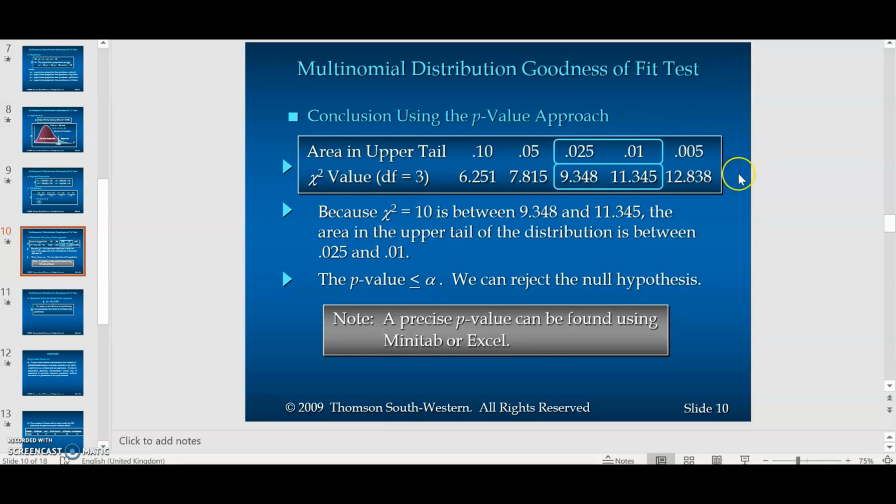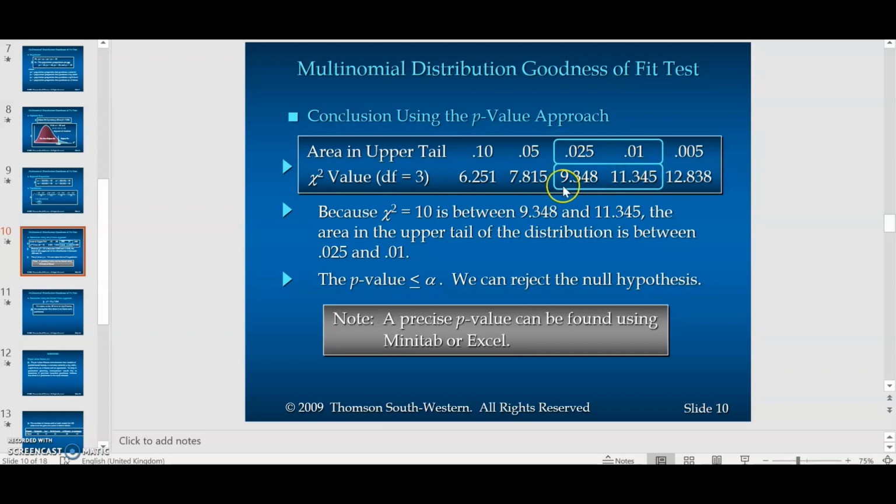If you look into this chi-square distribution table, in the second row, we can tell that the chi-square test statistic is located between 9.348 and 11.345. So the chi-square test statistic, which is equal to 10, is located between 9 and 11.